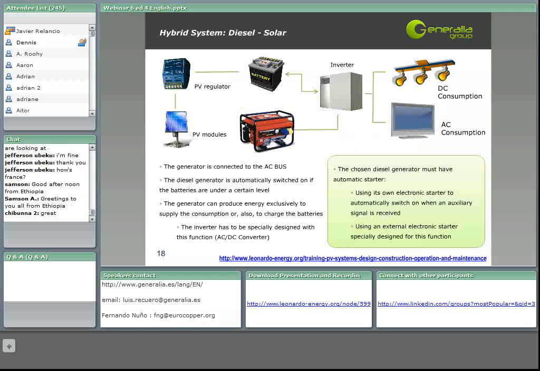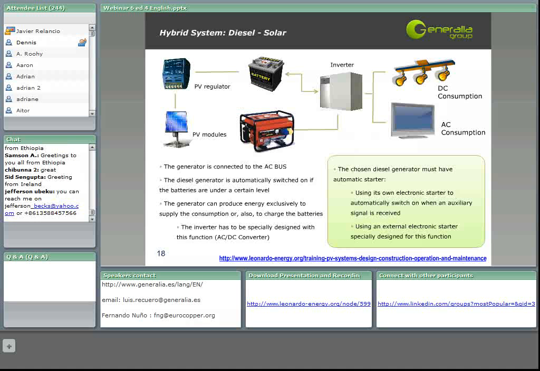The energy produced by the diesel generator, depending on the type of inverters and the manufacturer of the diesel generator and inverter, can be used both for the consumption and to charge the battery, or just for the consumption.